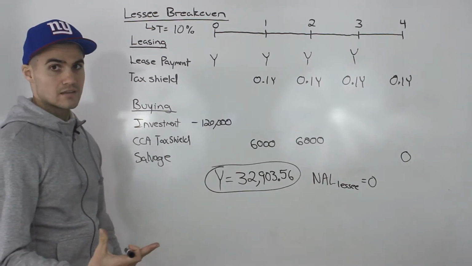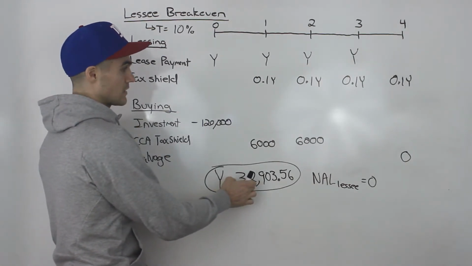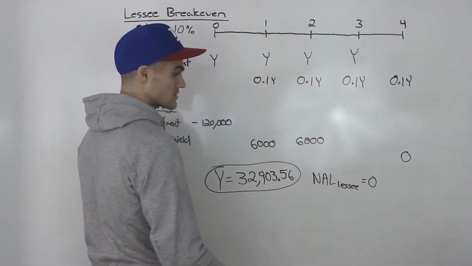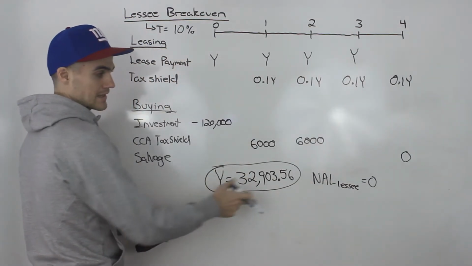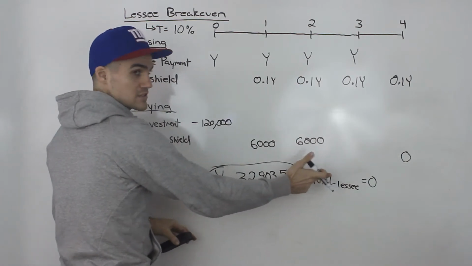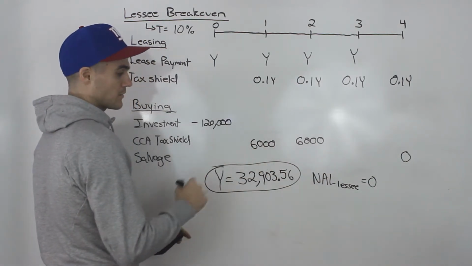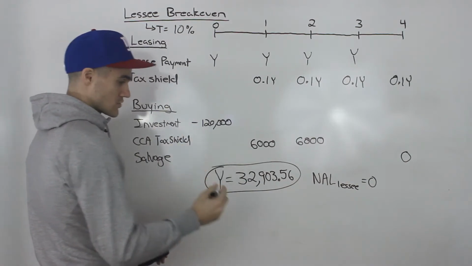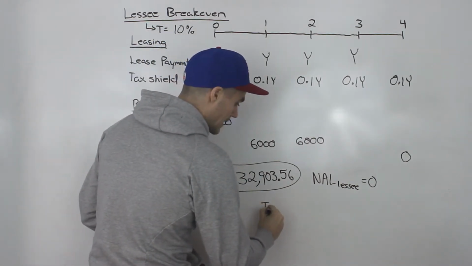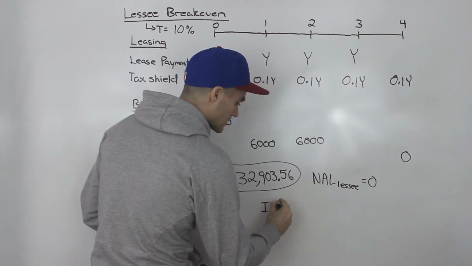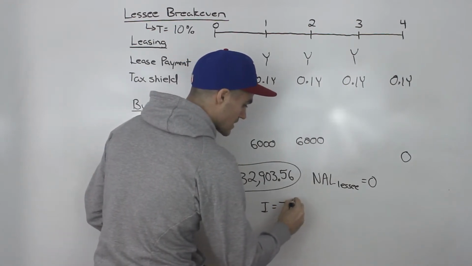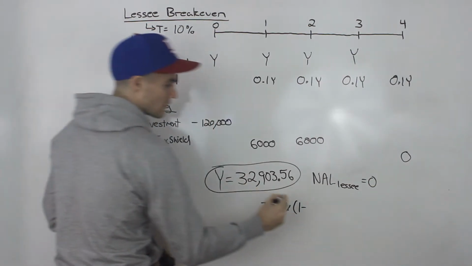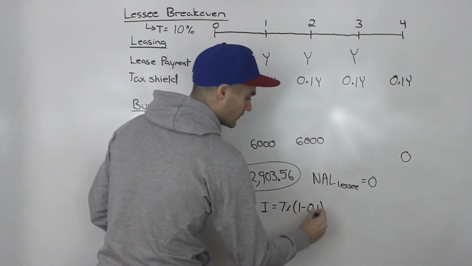And then if you were to take this and try it manually, so you would input this for all the lease payments, then the respective tax shields, and then you want to try to get that net advantage to leasing of 0 yourself, which I highly recommend you do, the discount rate is going to change as well. So the I that you're going to use is basically going to be the before-tax discount rate of 7% multiplied by 1 minus the tax rate for the lessee, 0.1.